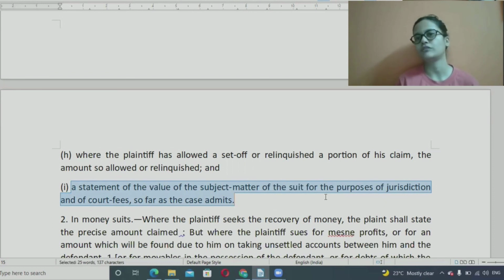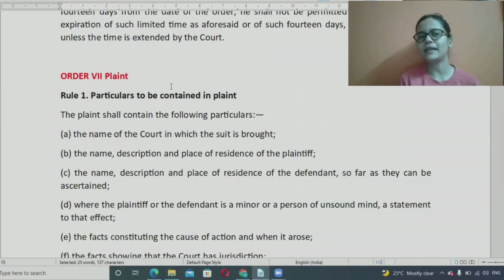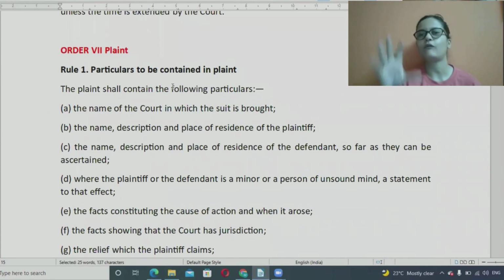Based on the suit valuation, jurisdiction is fixed, so that also will be indicated. So the plaint as such should have all those initial details which are needed for starting a case. Once the case starts, all the minute details would come, but these are the basic things which should be provided in the plaint.